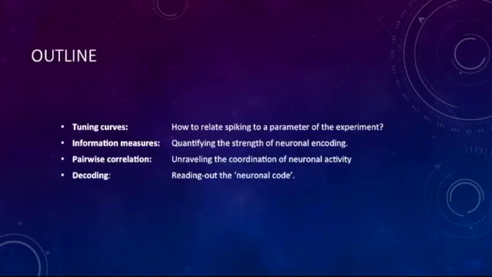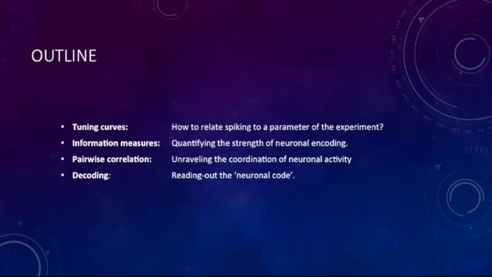So, again, the outline of what I'm going to talk about in the next 45 minutes. We're going to start with simply defining what a tuning curve is and how to compute it. Then I'll spend some time on what I think is very important to understand, information measures in neuroscience, especially with neuronal data, and what they can tell us.